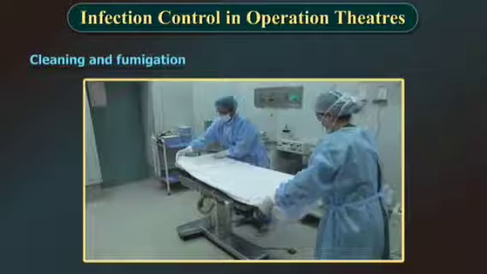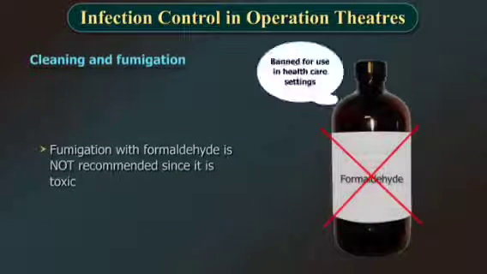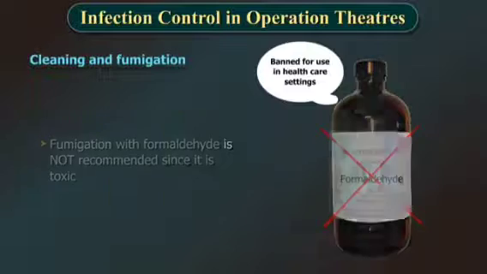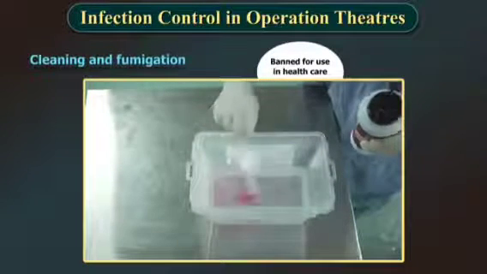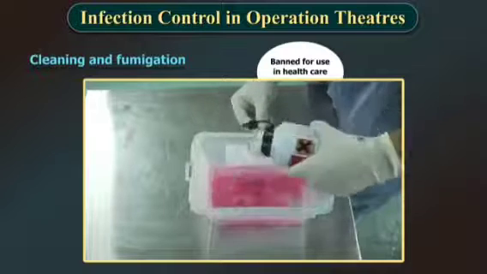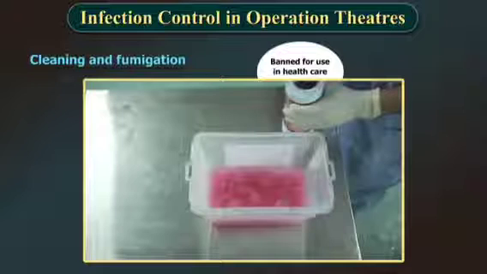Always use clean linen preoperatively. Fumigation with formaldehyde is not recommended since it is toxic. Alternate methods of fumigation may be used with commercially available chemicals. Always follow manufacturer's recommendations.